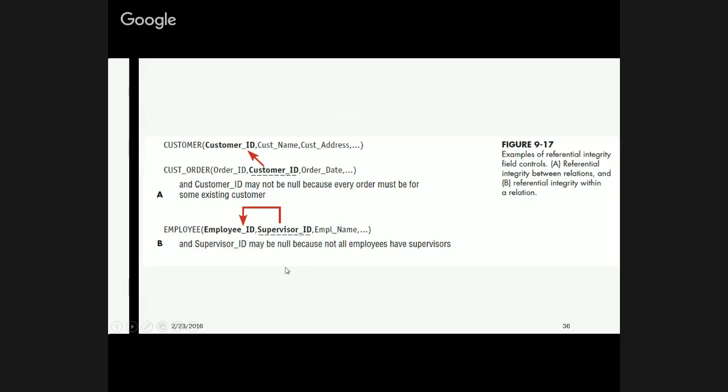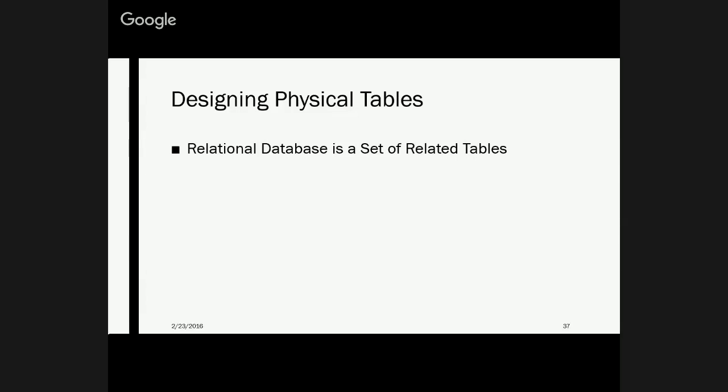But this case needs to be null, because a supervisor doesn't have a supervisor. Well, ultimately, you get to the owner, I guess, and they technically, well, the board of directors, right? So, I mean, it just depends on what level you're modeling.